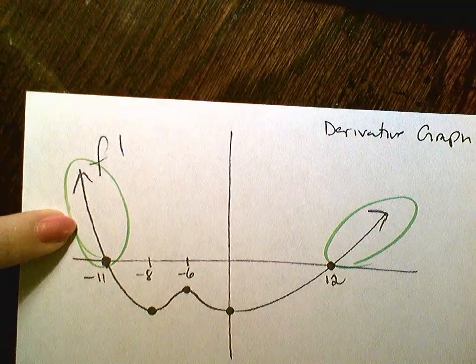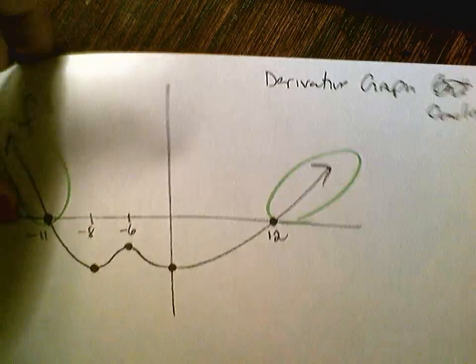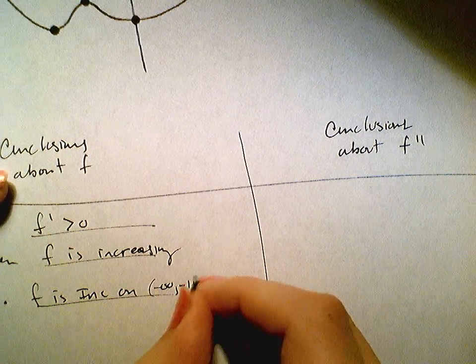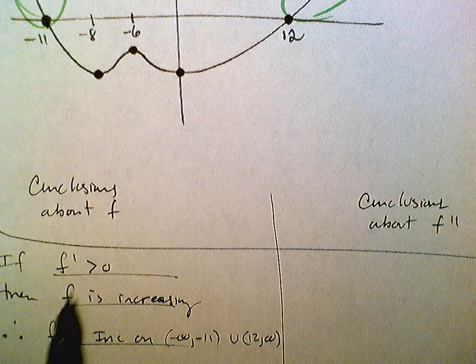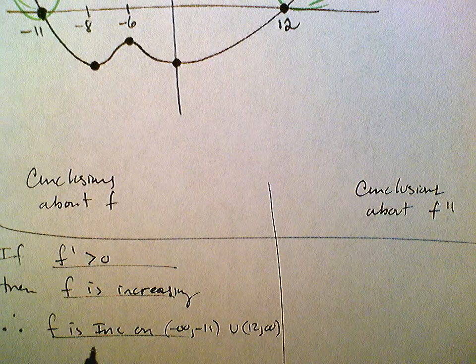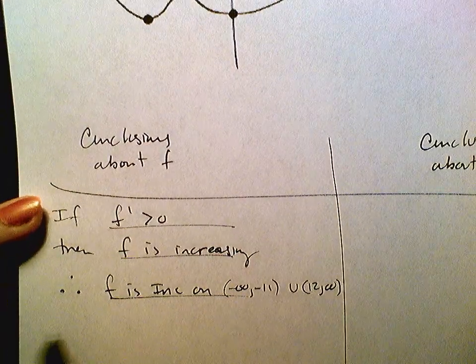It'll be the intervals where f prime is positive. So from negative infinity to negative 11, union 12 to infinity. If f prime is greater than 0, or positive, then f is increasing. Therefore, f is increasing on these intervals, a union of them.